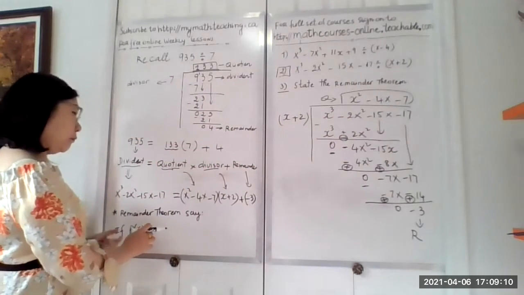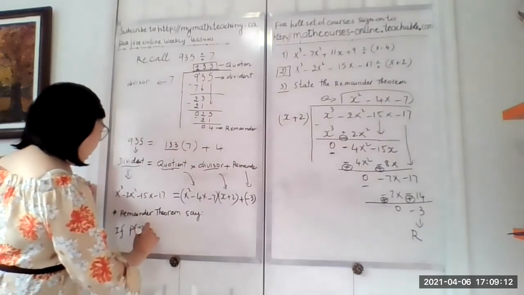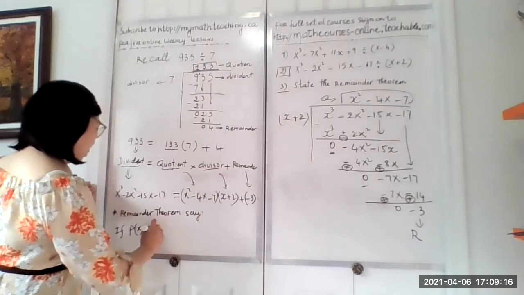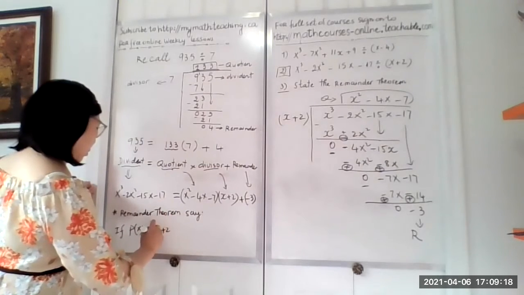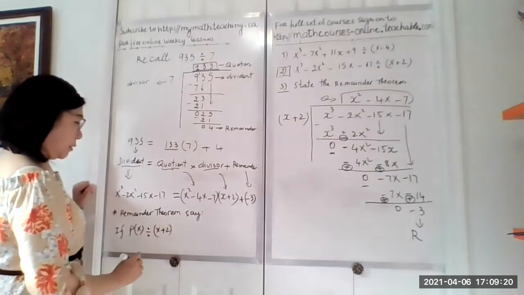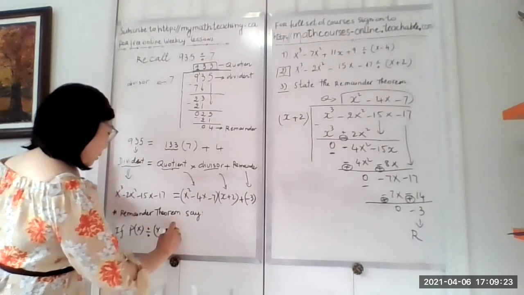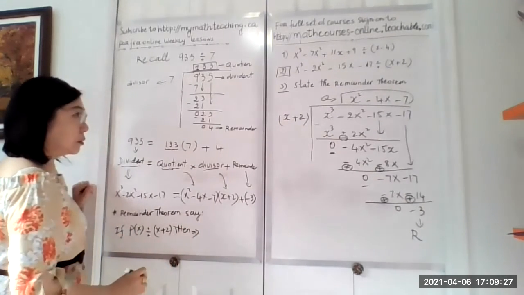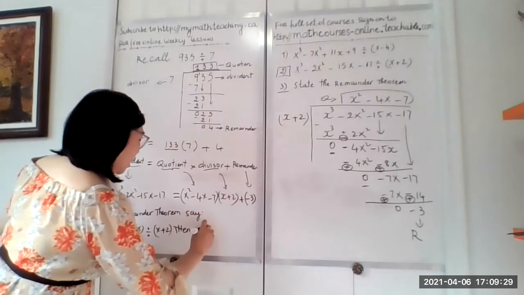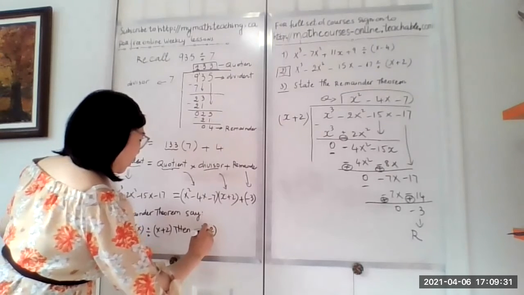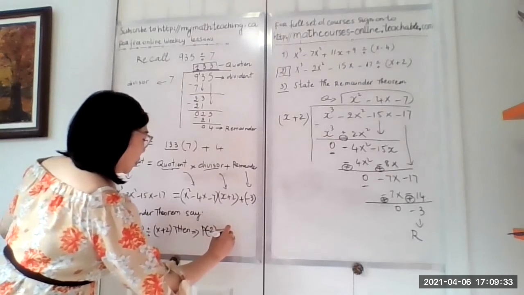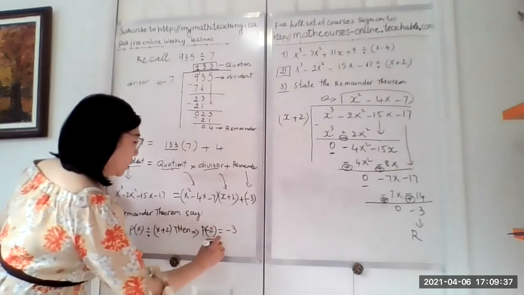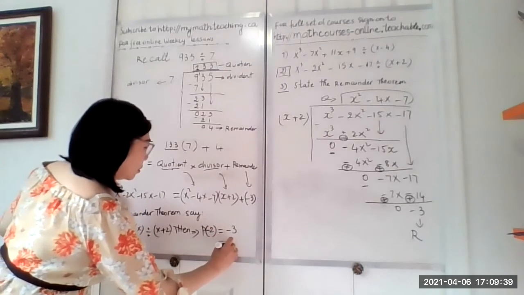If the polynomial function is divided by a factor x plus 2, divided by this factor, so if this, then this: p of minus 2 equals minus 3, which is equal to the remainder.